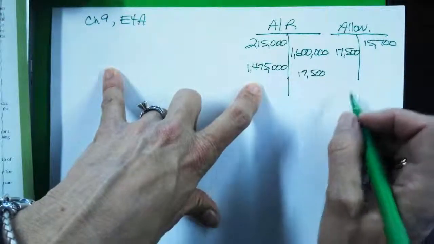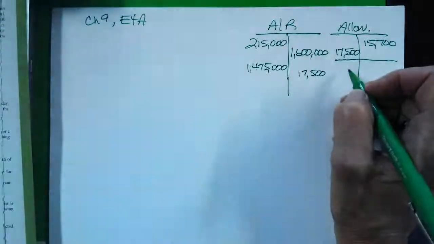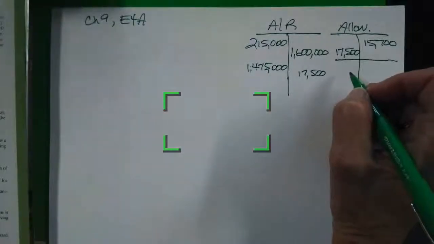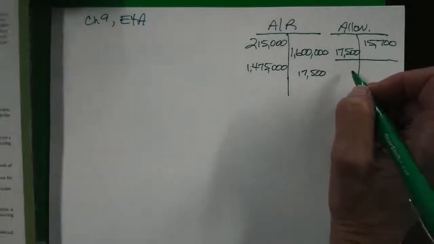Okay, so let's do a subtotal and see where we are on the allowance account, because we've got a debit balance going here. Let me get a check figure before I get too far along and make a mathematical error that will completely confuse you when you're trying to work this on your own.